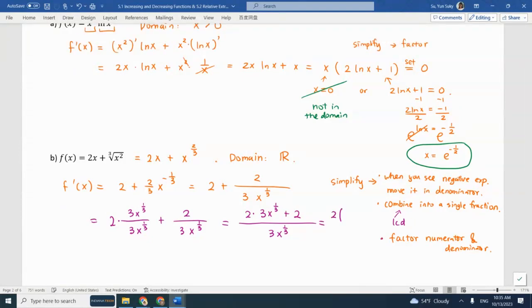Yes, a 2. After we factor out the 2, we get 3x to the 1/3 plus 1, all over 3x to the 1/3. Good. So this is what simplify means when you see negative exponents.